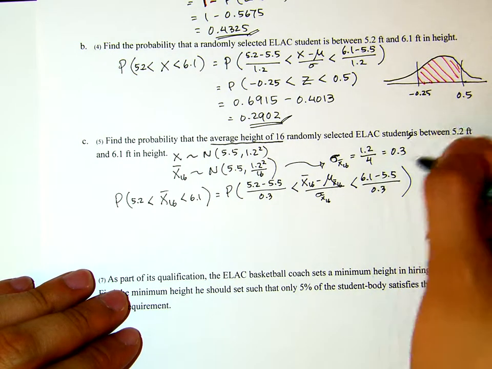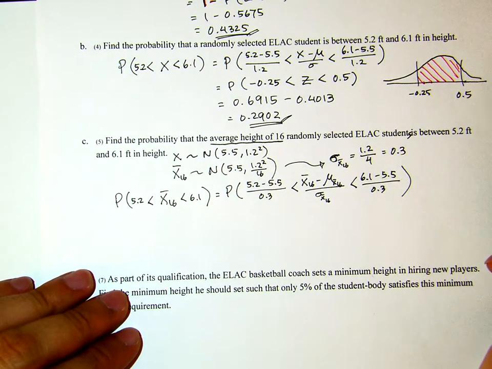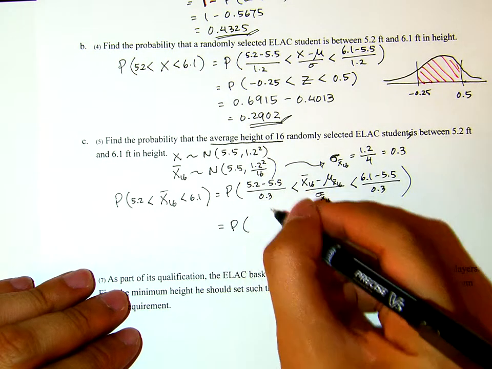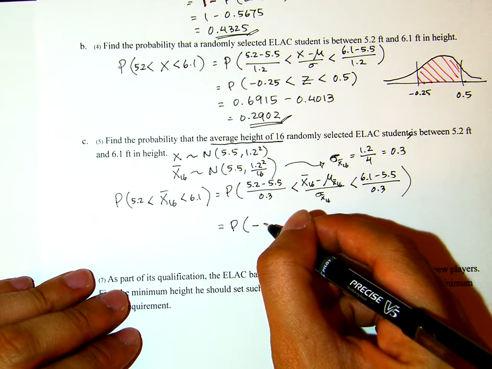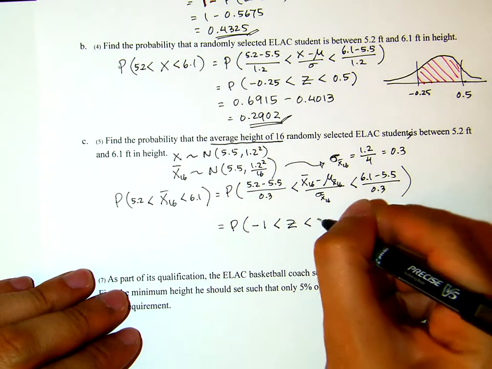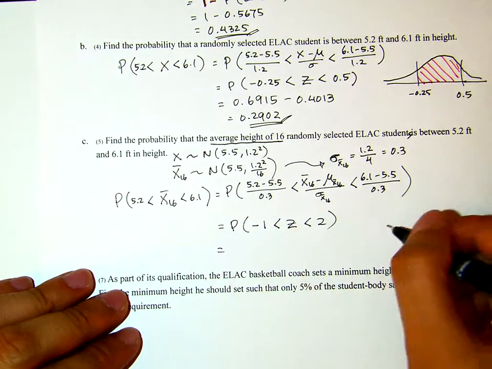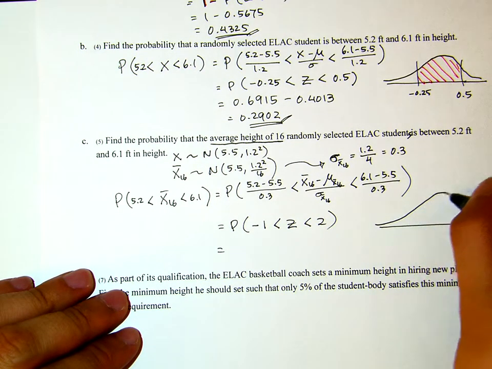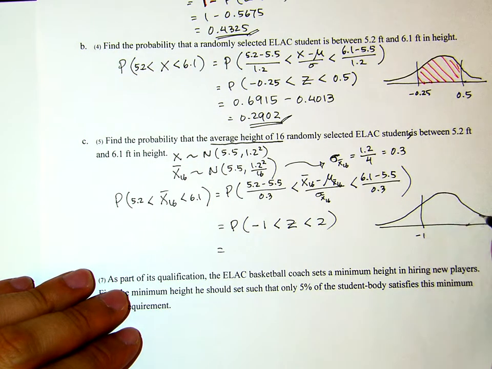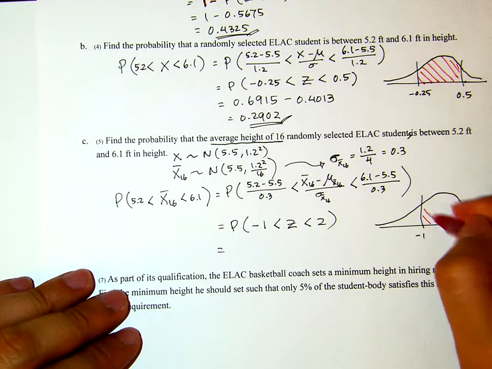This 0.3 is the new standard deviation, and when I compute, I get negative 1 less than Z less than 2. I draw the curve, with negative 1 and 2. We need the area in between.